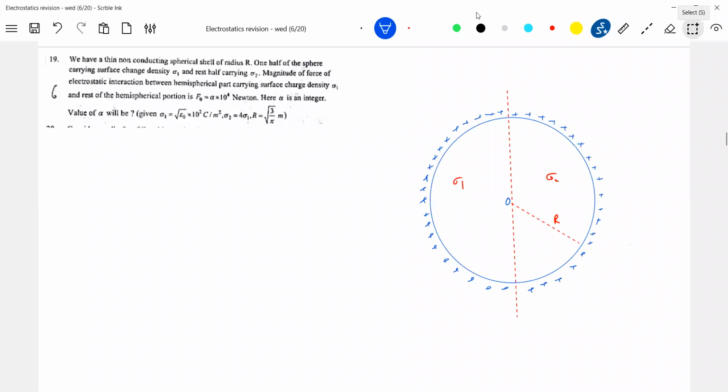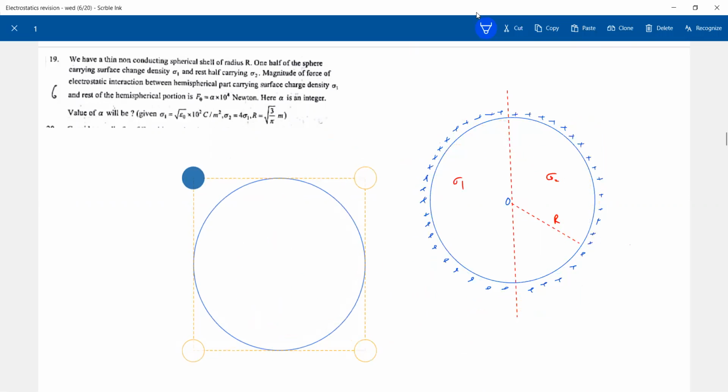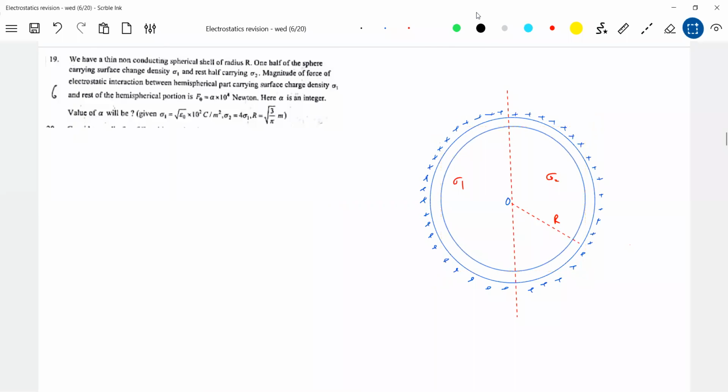It is a thin shell. No, charge will not be there on the inner surface. Charge will be there only on the outer surface. So this charge will produce field on either side.